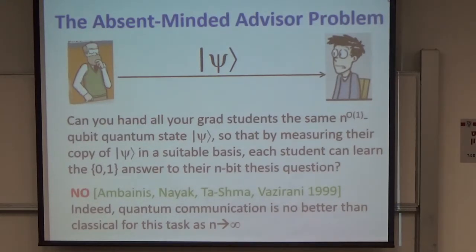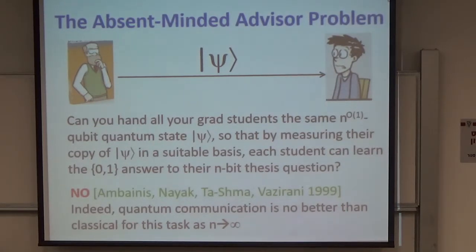What they said is that in general, there's nothing better for the advisor to do than to send each student about 2^n qubits. So you could think of this as bad news, that quantum communication does not help for a task where you might have hoped that it would help.